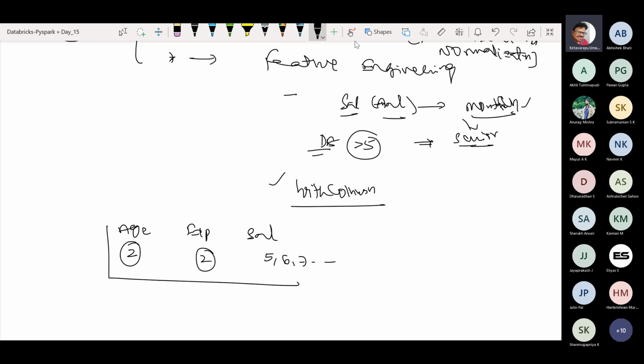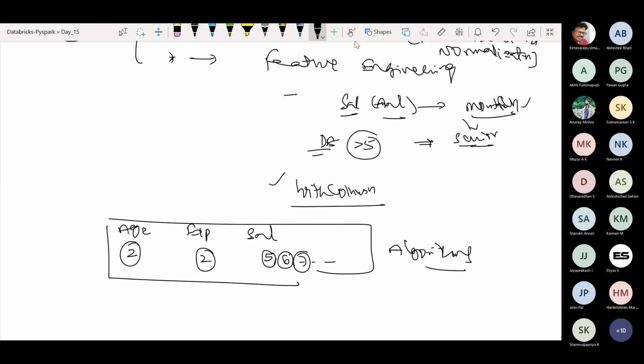The problem with the algorithms is, obviously the salary has more magnitude compared with the age and experience. The algorithm gives high priority to this, which may not be required in our analysis.